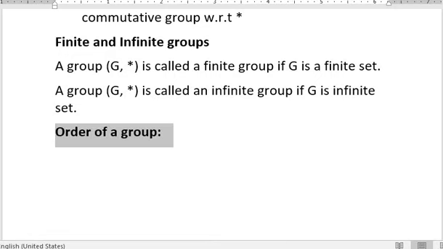Order of a group. The order of a group is nothing but the number of elements in that particular group. If G has 8 elements, then the order of the group is 8.